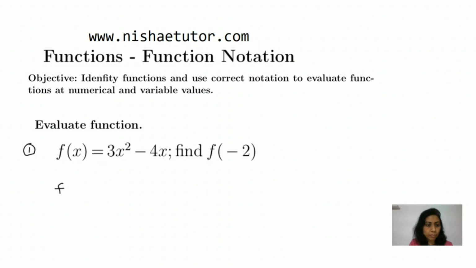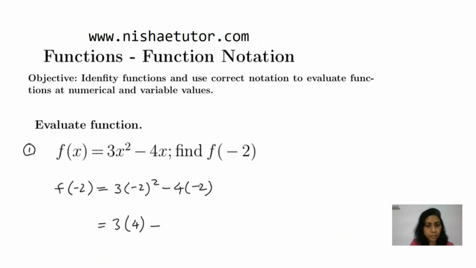So f(-2): wherever there is x, we replace it with -2. So 3 times (-2) squared minus 4 times (-2). And remember one thing, if it is a negative number, always use parentheses. Otherwise, you will get the wrong answer. Here 3, and (-2) squared is 4.